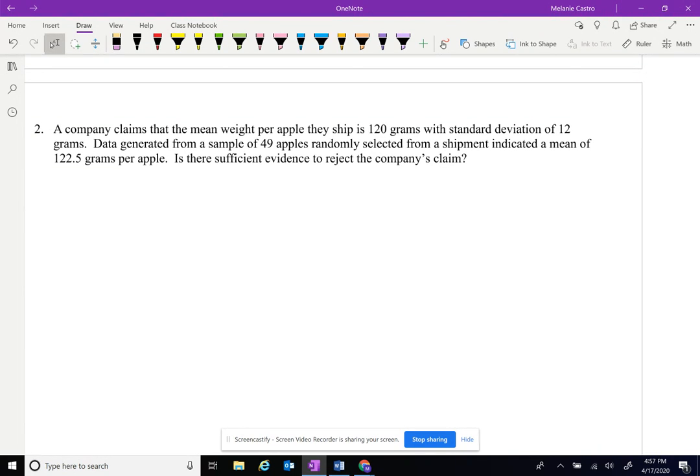A company claims that the mean weight per apple that they ship has an average of 120. Oh, sorry, they claim. So they're making a claim about mu. And they also say that they have a standard deviation of 12 grams.